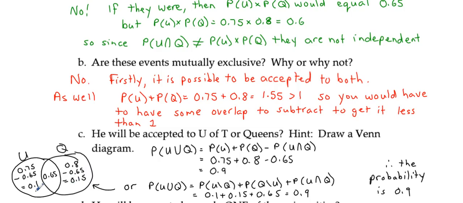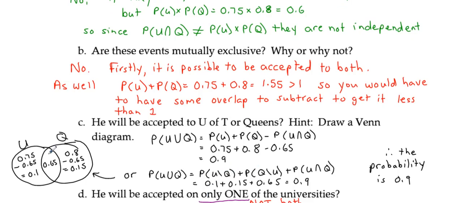So if you added U but not Q, so that's U only, which is 0.1, plus Q only, which is Q but not U, which is 0.15, and added them both because OR includes both, you also get 0.9.